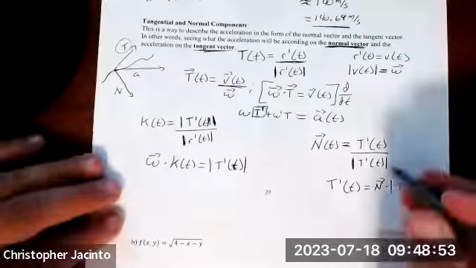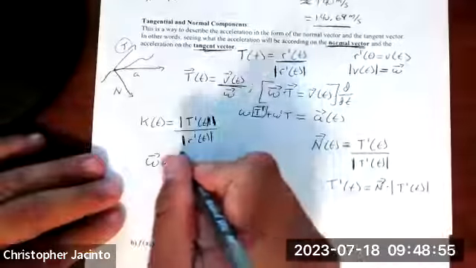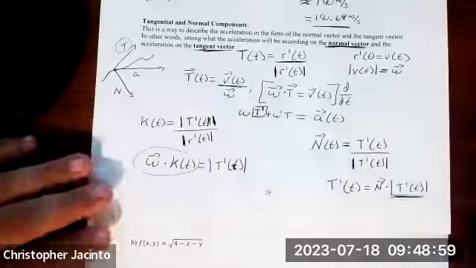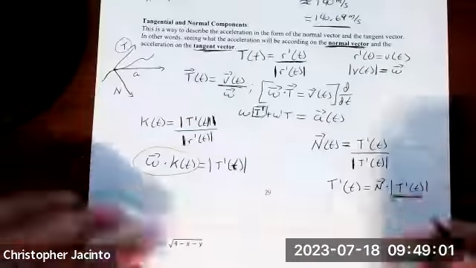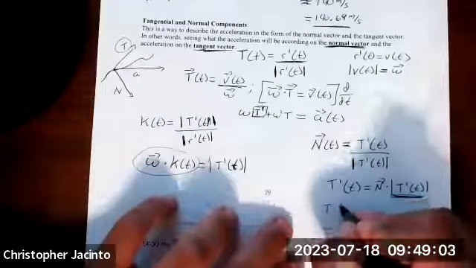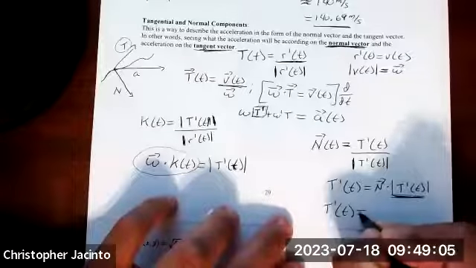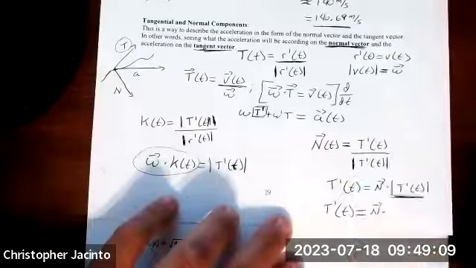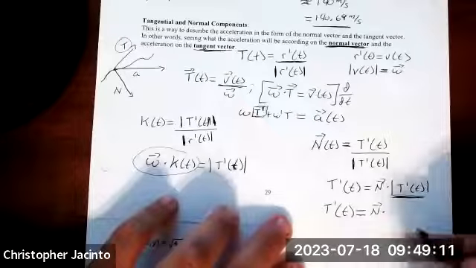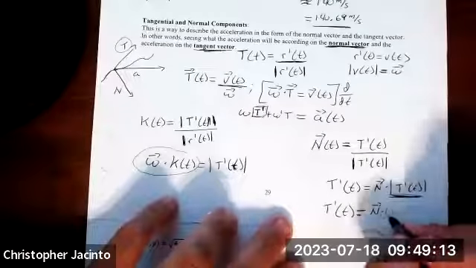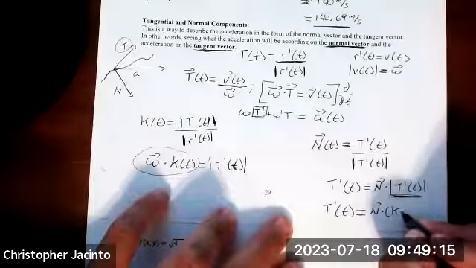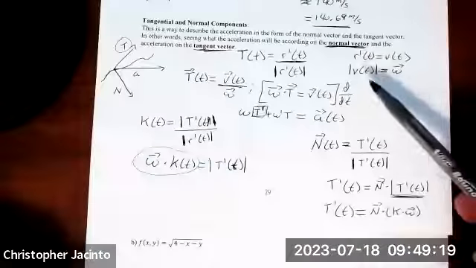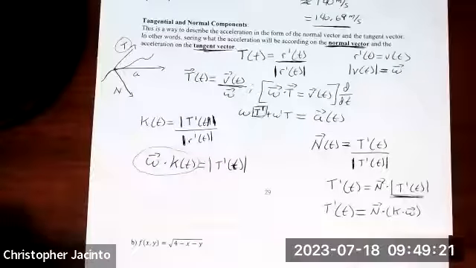Okay, now we're going to put this right here and substitute it. So finally, we know what the derivative of the tangent vector actually equals. It's the normal vector times the curvature times w(t), or the length of the velocity vector.